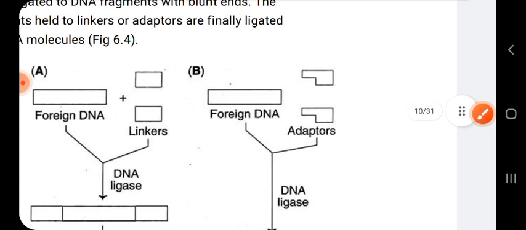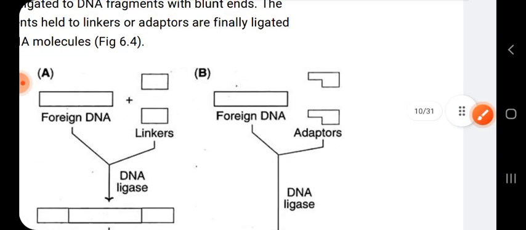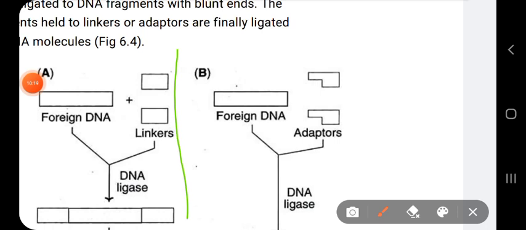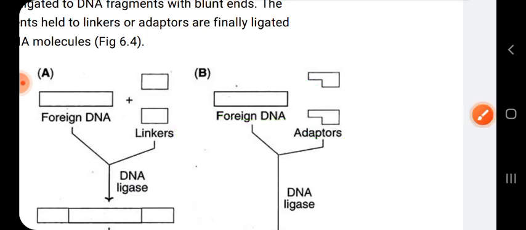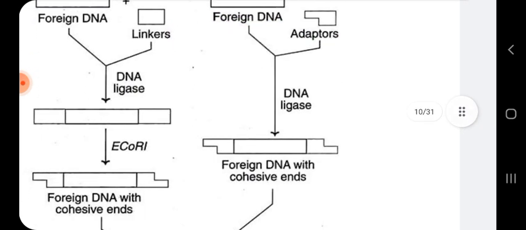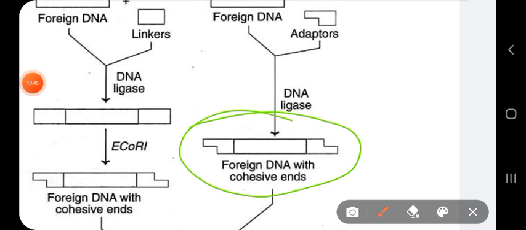So this is the diagram, diagram B you see. B means you have to see from the right side. You see the foreign DNA and these are the adapters. The adapters already have one or both sticky ends. Here the adapter that has been shown has only one sticky end. They are ligated by using DNA ligase, and now we have that foreign DNA with sticky ends, with cohesive ends.